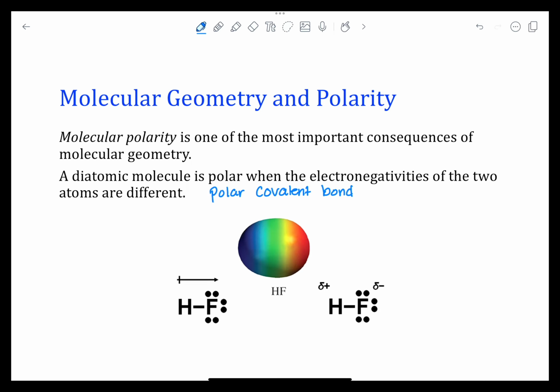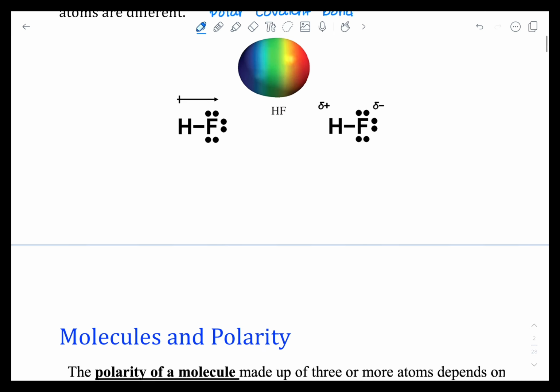Now, we talked about this in previous lessons when we only looked at two atoms, so diatomics, or we were looking at an entire molecule, but only determined the polarity of the individual bonds. Now that we've learned about molecular geometry and how the shape of the molecule is set up in 3 dimensions, we can now apply what we've learned about polarity to the molecule overall.